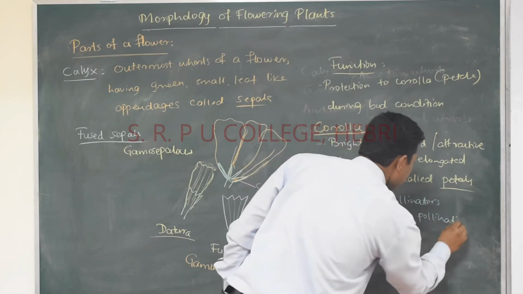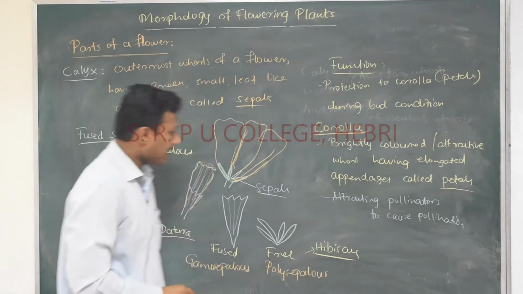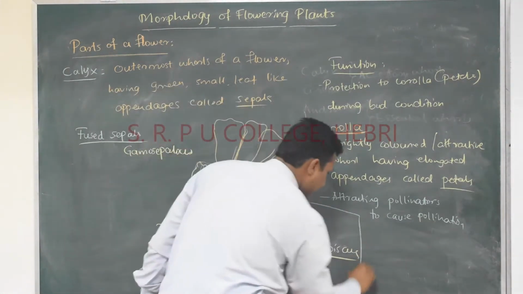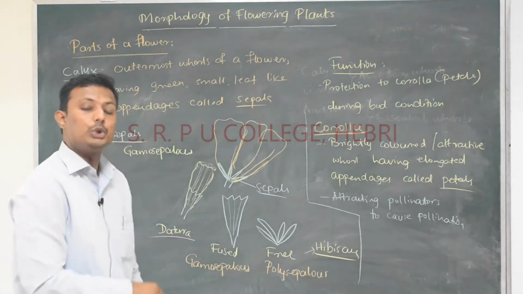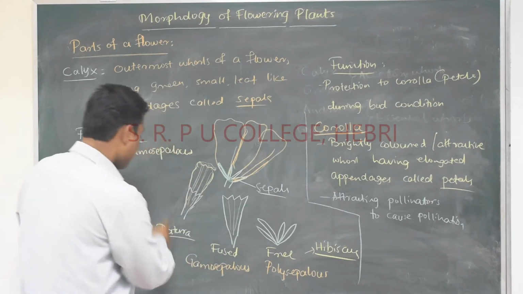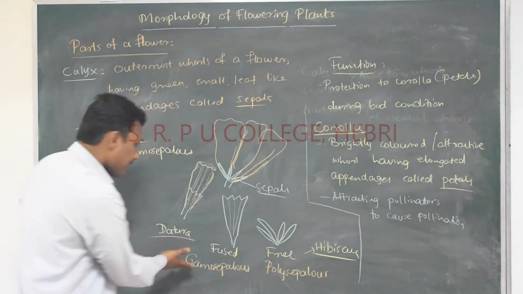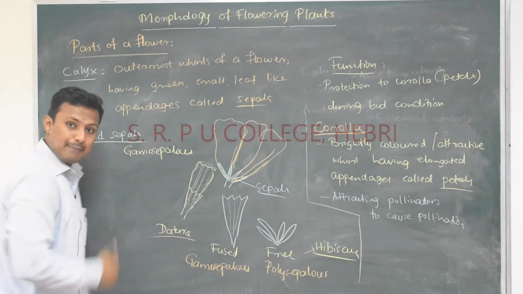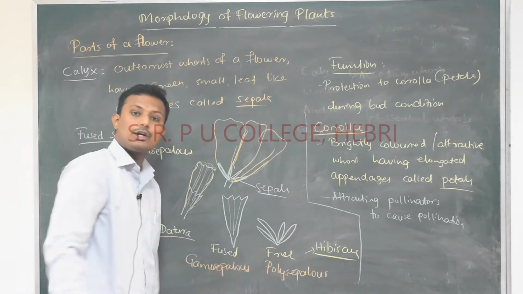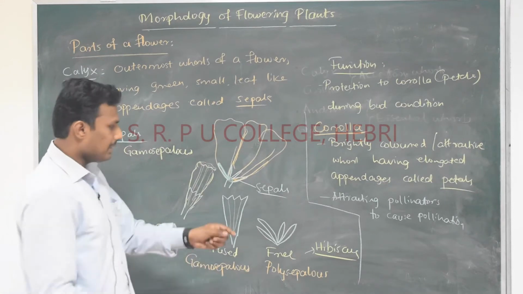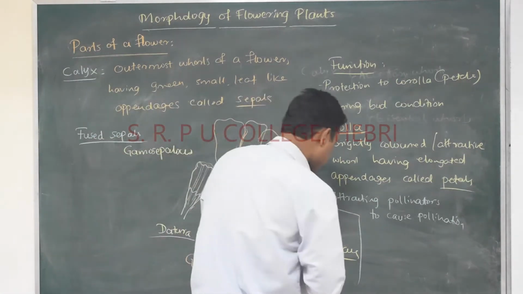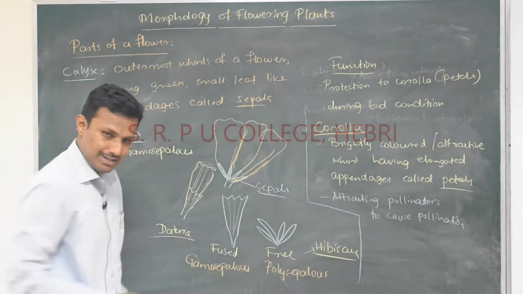And even in the case of the corolla, or in the case of the petals also, we find two different types based on whether they are fused or free. Just like the fused sepals are called gamosepalous, and the free sepals are called polysepalous. Similarly, in the case of the petals also, you can consider the same example. Which one?